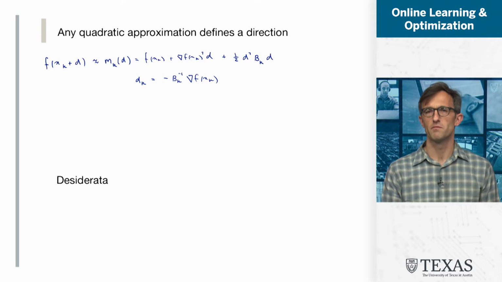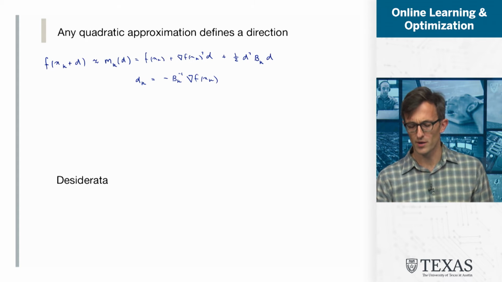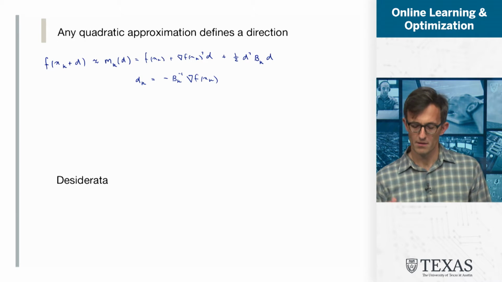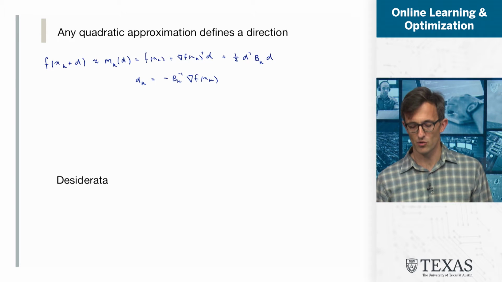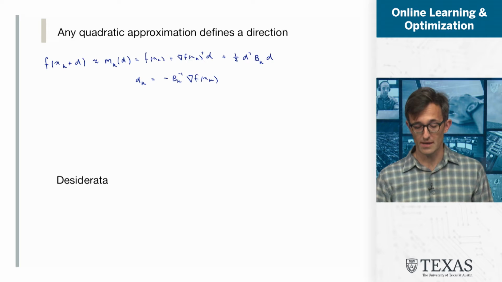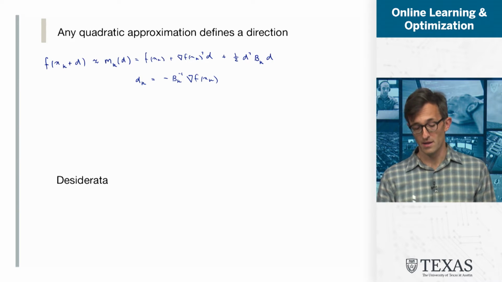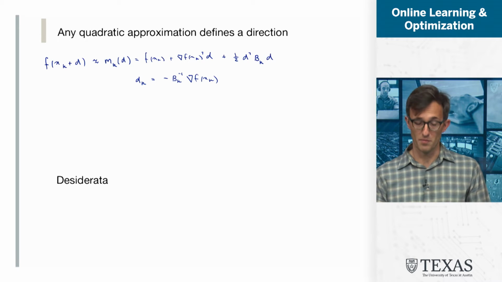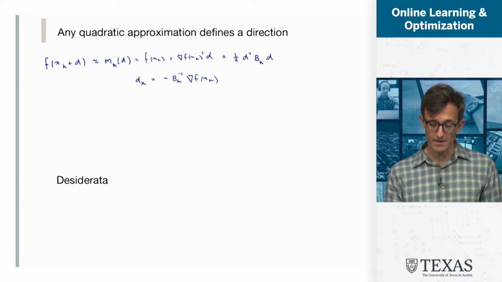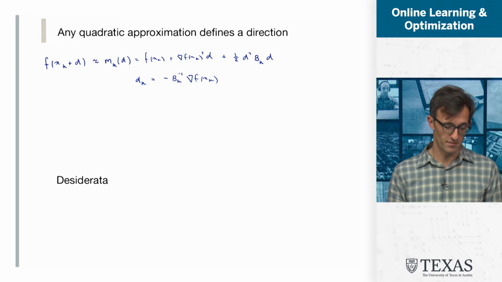Again, we've done this kind of operation many times. I just looked at the right-hand side. That's a convex quadratic. I can just take the derivative, set it equal to 0, and therefore find that its minimizer is this d. So that's saying that if indeed your function were equal to the right-hand side, then the best next step to take would be x_k plus d, or plus some multiple of d, which is equal to this.